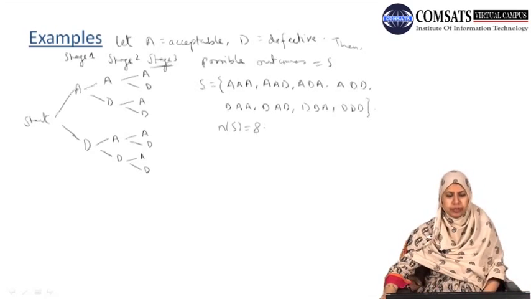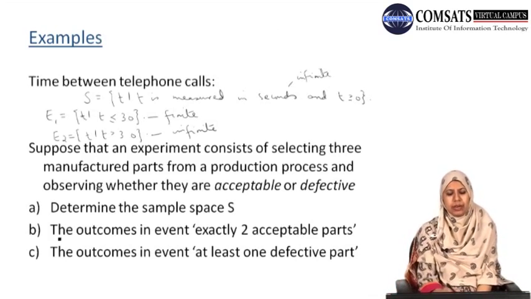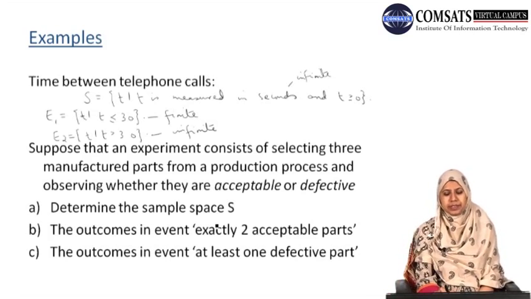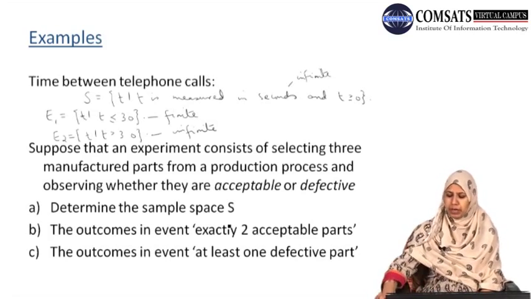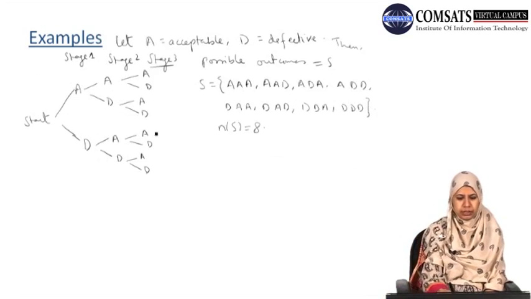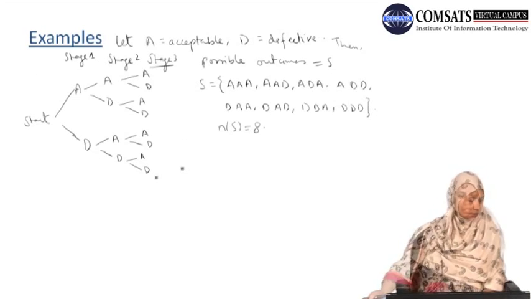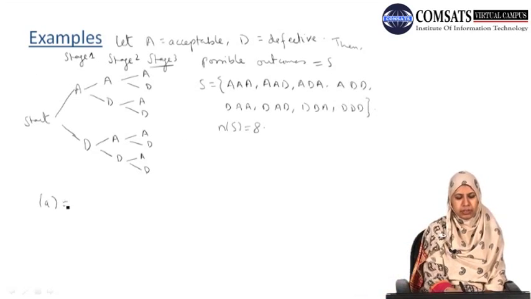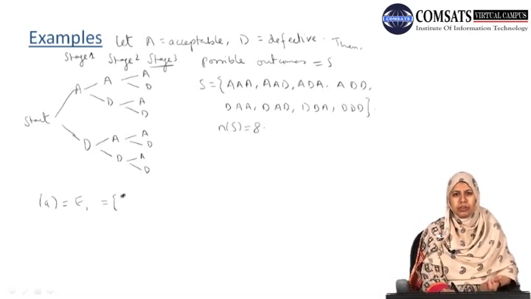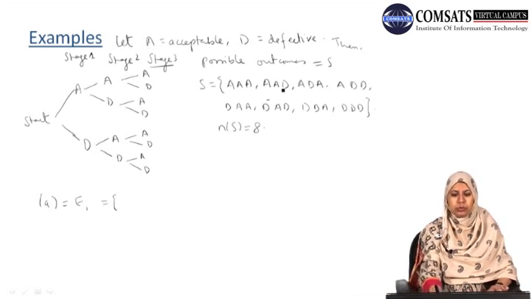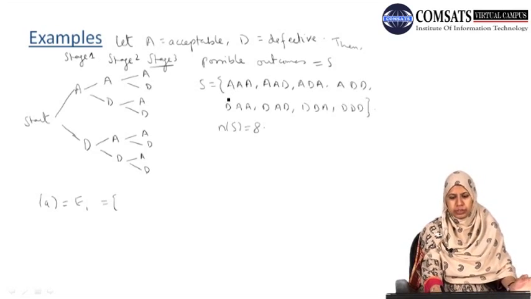Now our first part, which we are asked to find, is the outcomes in the event exactly 2 acceptable parts. So our first part is the event E1, that is the outcomes which contain exactly 2 acceptable parts. Exactly 2 means the first sample point is excluded because the first sample point contains 3 acceptable parts.